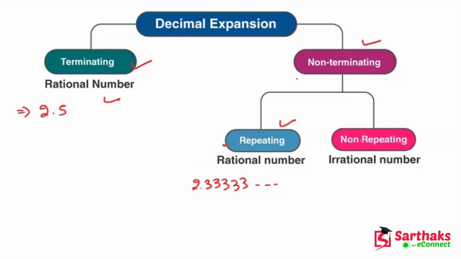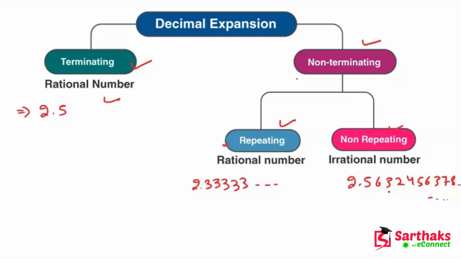Now the second case in non-terminating is non-repeating, meaning after the decimal point the numbers are not repeating. The number is unique and non-terminating. Let's suppose 2.5632456378 and so on. In this case, after the decimal point the numbers are not repeating.